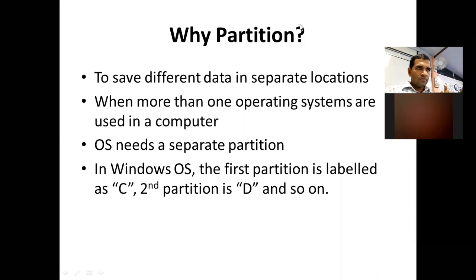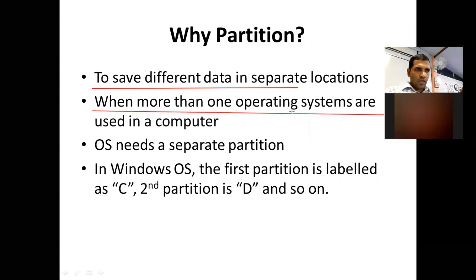The first one is to save different data in different locations. The second one, when more than one operating system is used in a computer. Third one, operating systems sometimes need a separate location for their purpose, right?